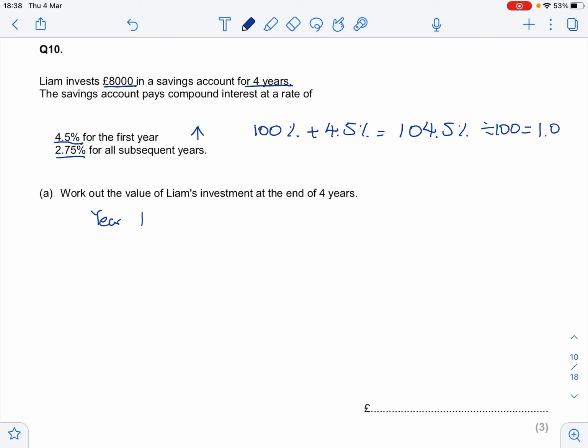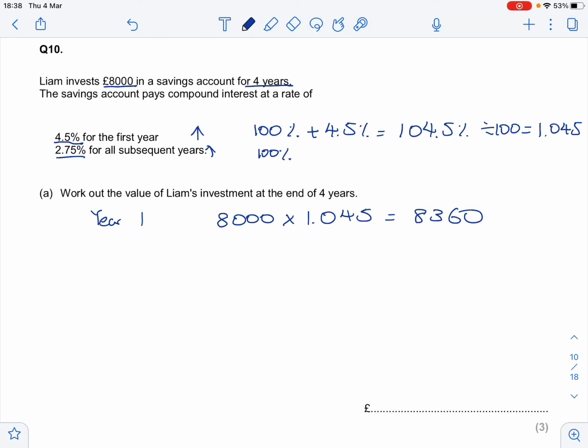So we get 1.045. So at the end of year 1, you had £8,000 multiplied by 1.045. So you should get 8360.